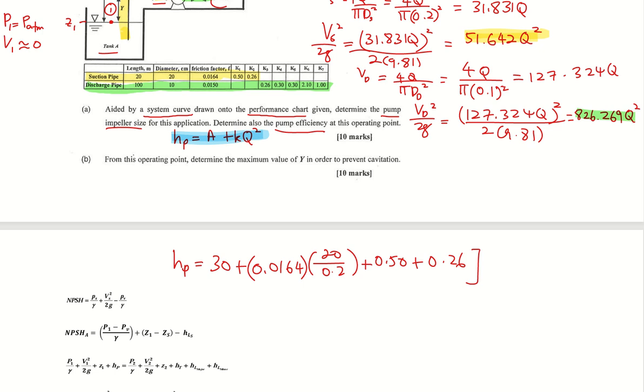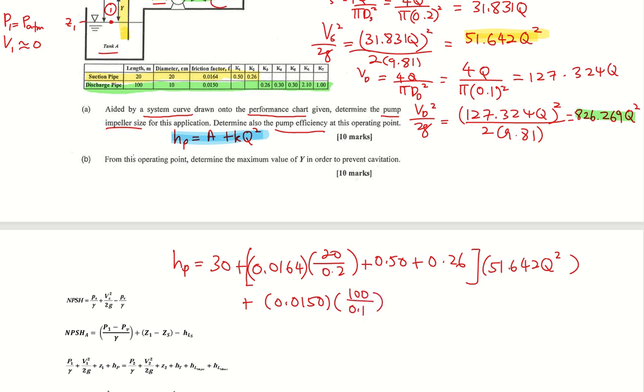So everything here has to times with Vs squared over 2G, which is 51.642 Q squared. All right. And then we also have the discharge pipe components. So 0.0150 is the F. The length is 100.